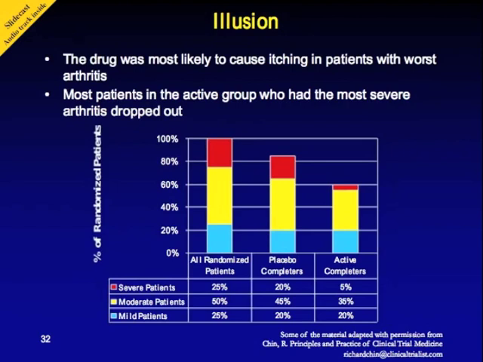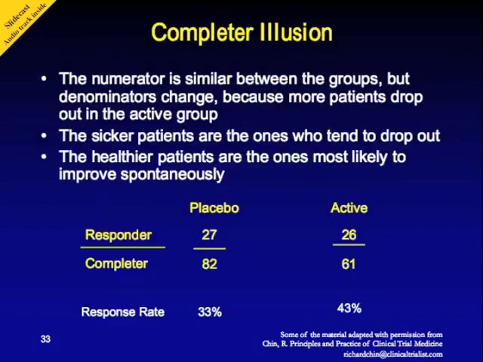Now, in this slide, it's a little bit more intuitive why the results are as they are. So let's say that in both the placebo and the active group, a similar number of patients responded, 26, 27. However, there were no dropouts in the placebo group, but the patients who had the most severe disease dropped out in the active group.